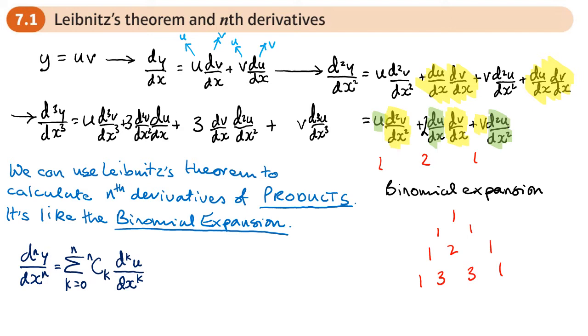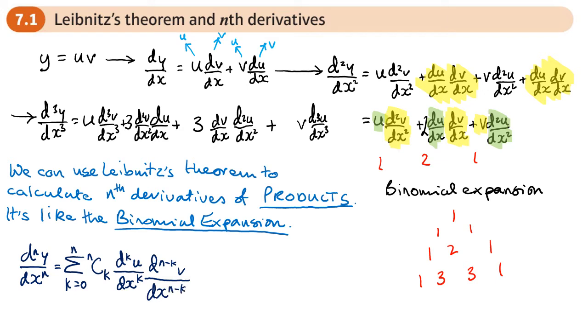And what we need to write is the v part of the product going down in powers, so that will be written as d to the n minus k of v over dx to the n minus k. So it's a bit unwieldy.